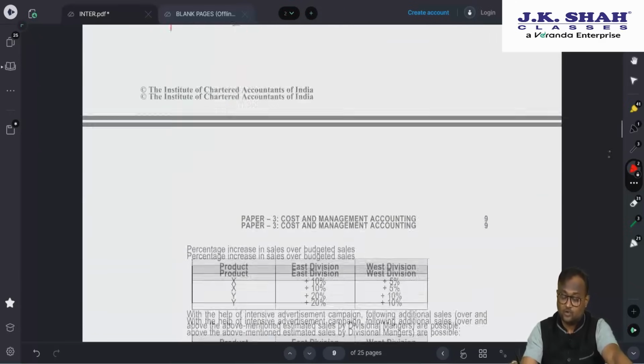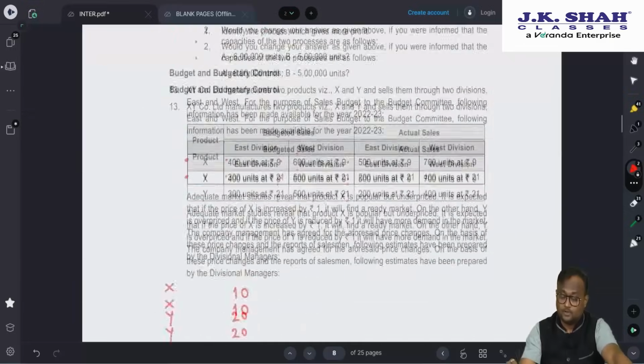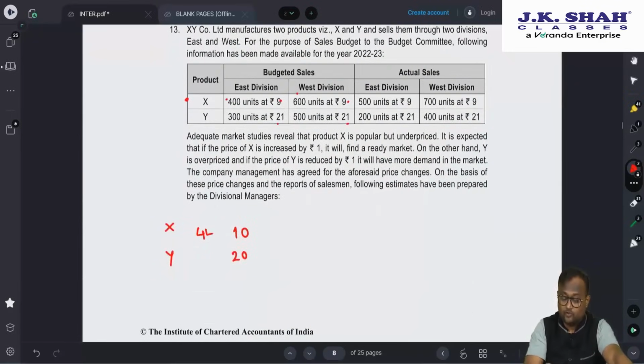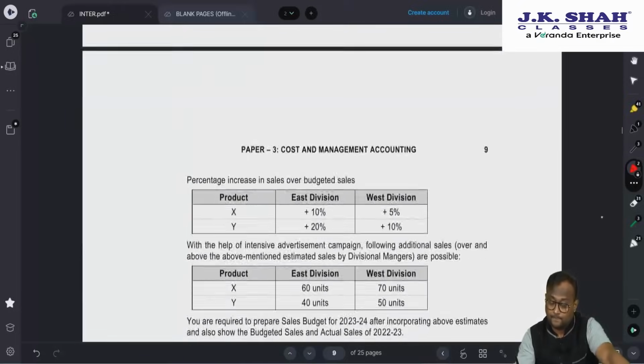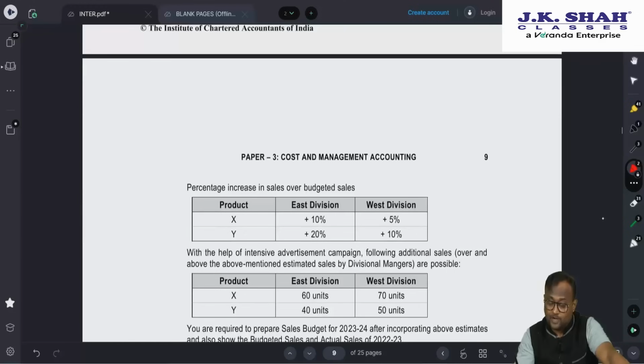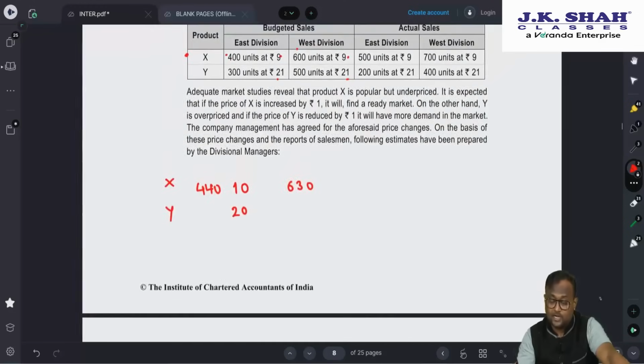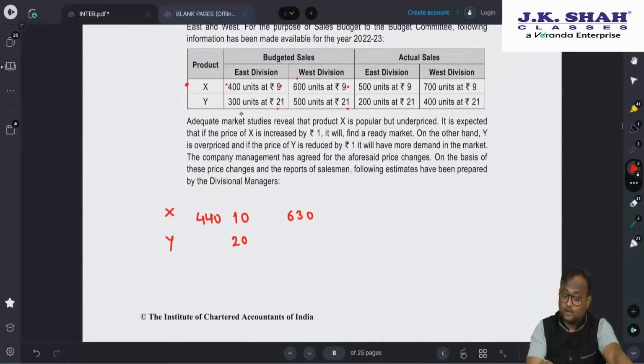So, now the revised quantity will be 440, 630. Correct? Y 20%, 10%.